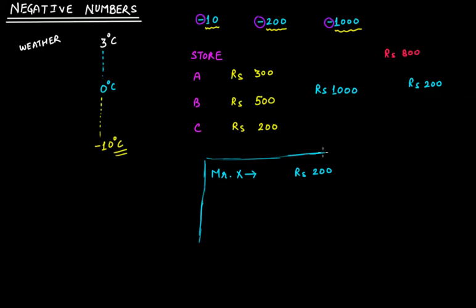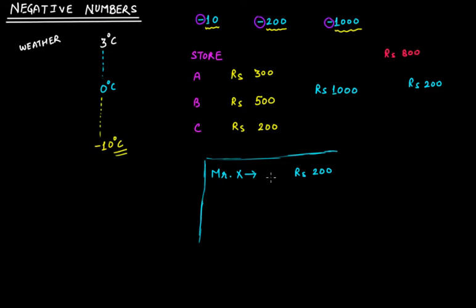But later Mr. X thinks that, though I have mentioned in my account copy that Mr. X has to pay rupees 200, there are chances that I can forget, or I can get confused whether this amount has to be paid by Mr.